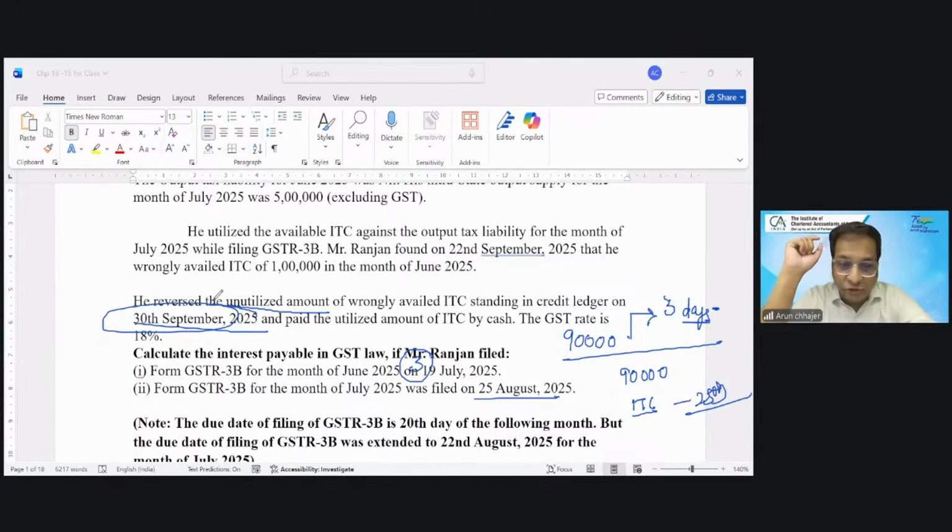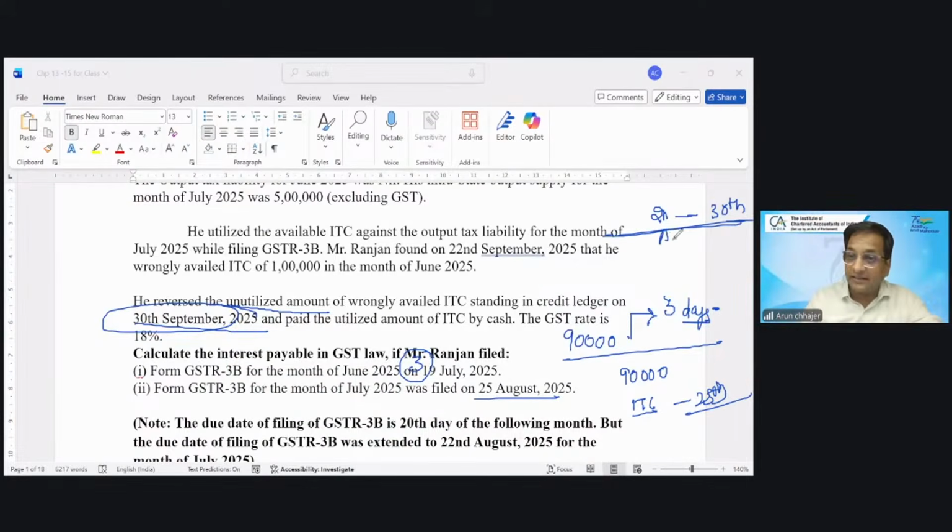So I can say that for the GSTR 3B return of July in which he wrongly utilized, 3 days would be for the delay in deposition of the tax and the balance till 30th September would be for the wrong utilization of input tax credit. So effectively we can say that from 22nd to 30th September, the interest would be calculated.